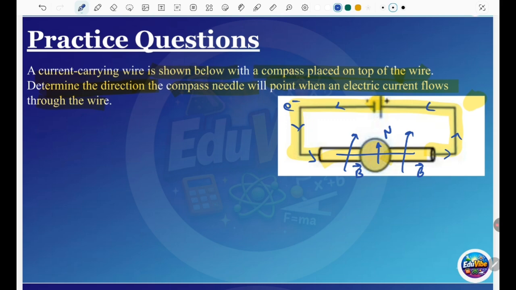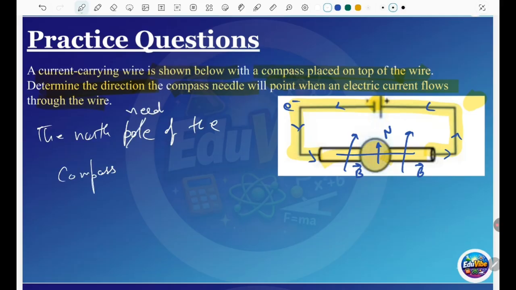So that tells you the direction. This is left hand rule number two, which is different from left hand rule number one. This means the north pole of the compass, or north needle, points this way.